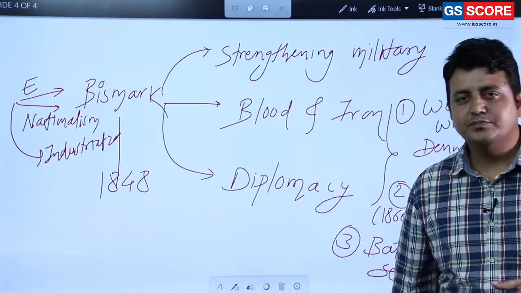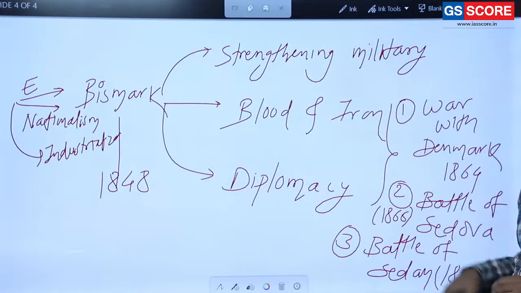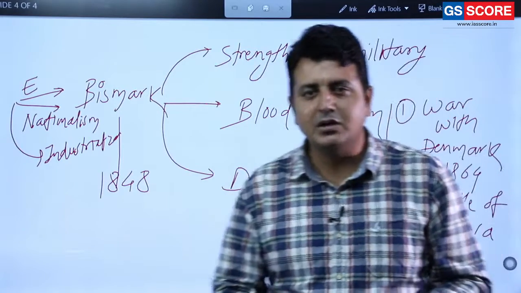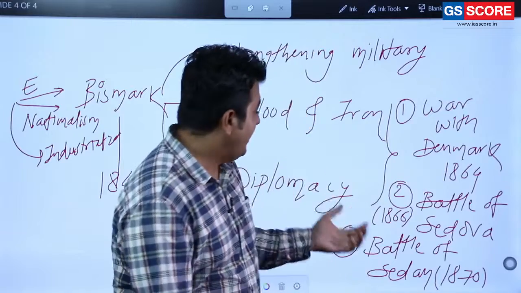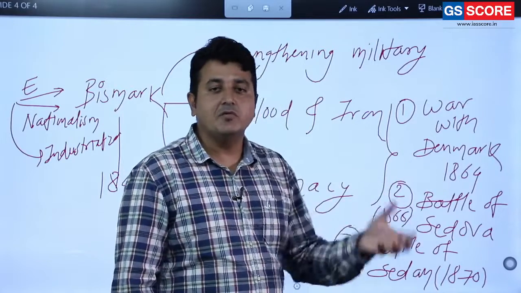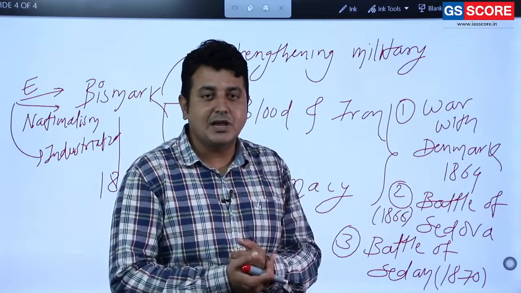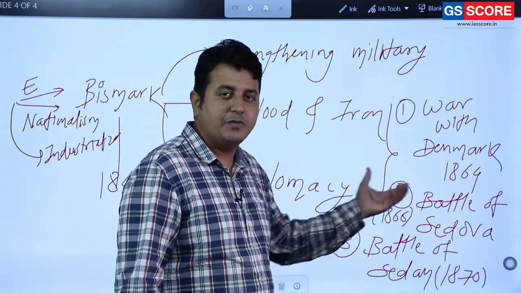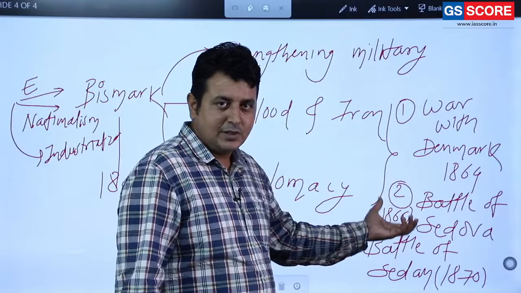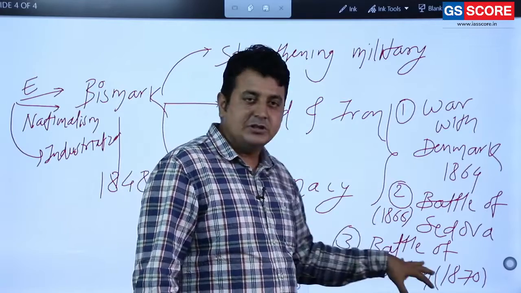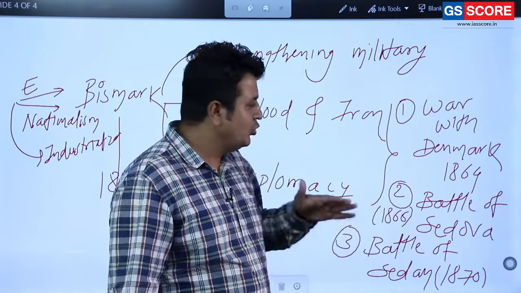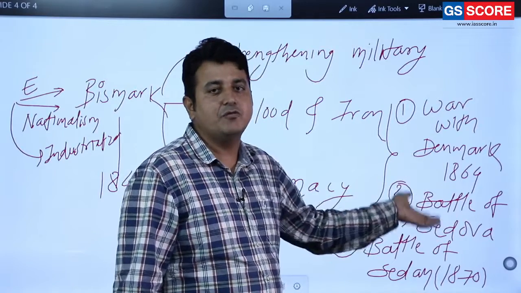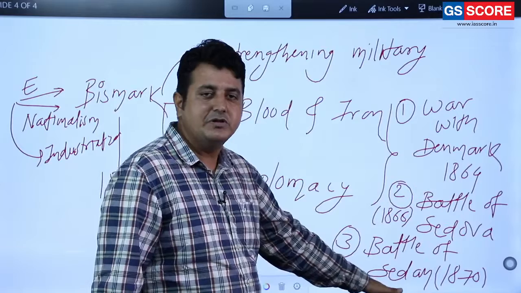How is it so? In Denmark, he took the support of Austria and defeated Denmark. In the Battle of Sadowa, he waged war with Austria, but at the same time he made France neutral and took the help of Italy. Clear? And after the battle he didn't want any enmity, so he made a peace treaty with Austria. So he made Austria neutral for the upcoming war with France.